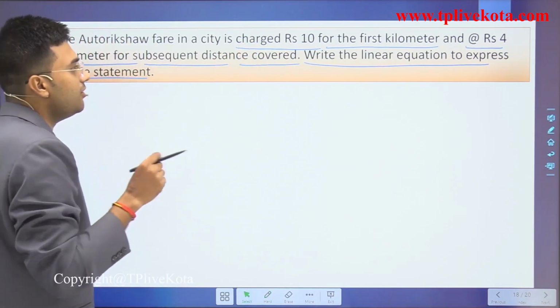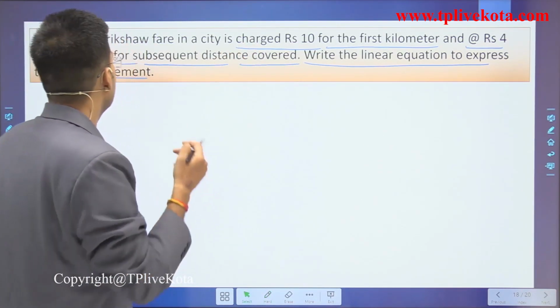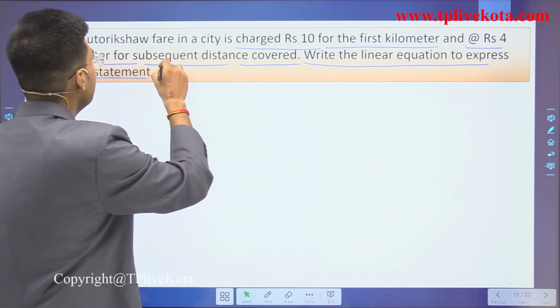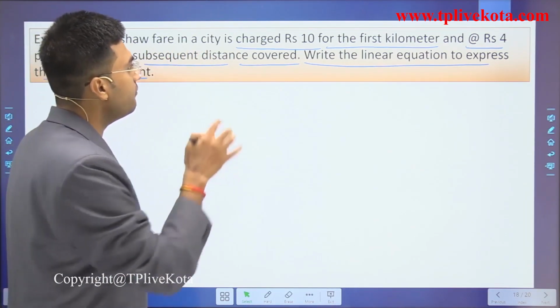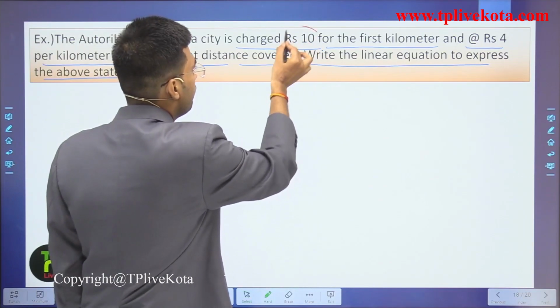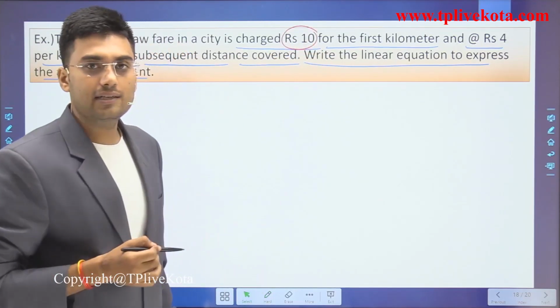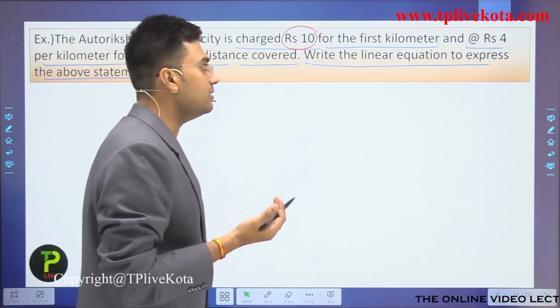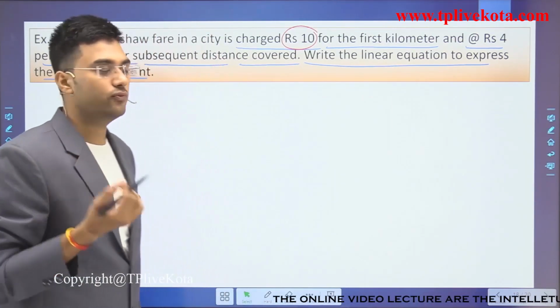Here we have to write the linear equation which represents the total fare, and we know that for the first kilometer it is rupees 10 and after that, for each subsequent kilometer it is rupees 4.